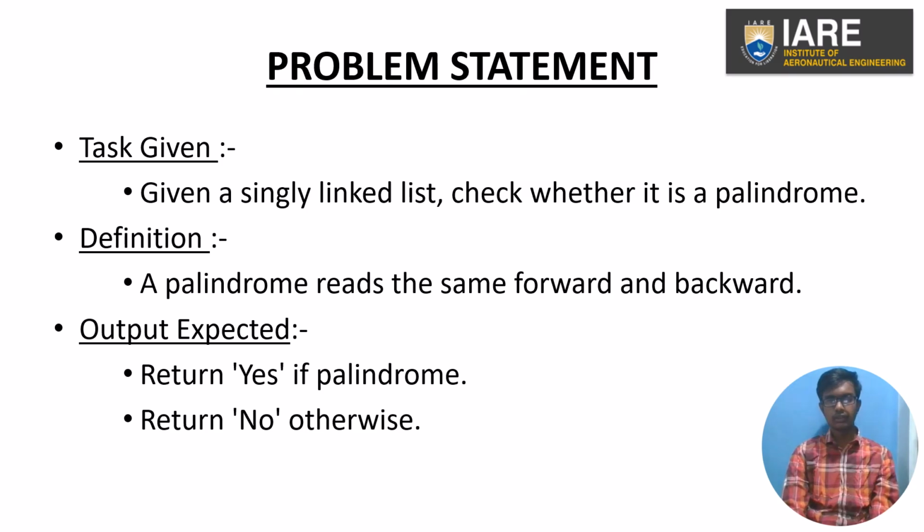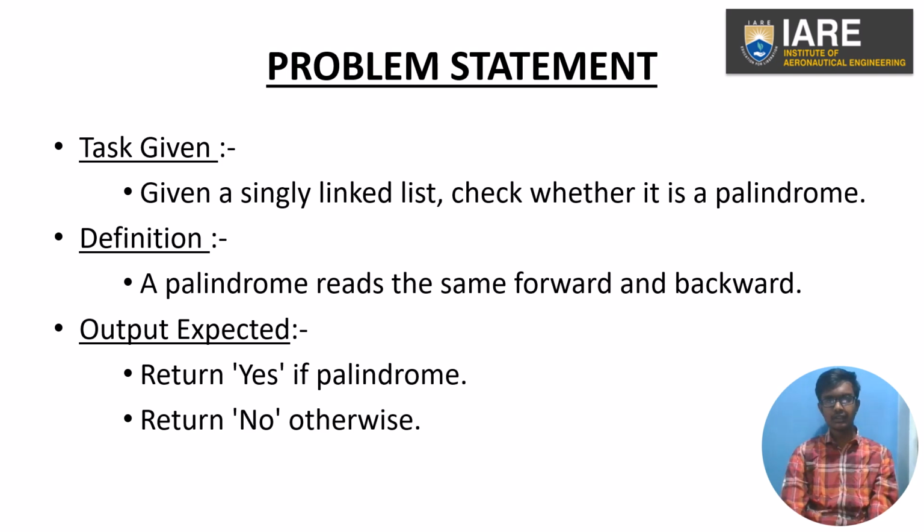Now let's go through the problem statement given. The task which is given to me is that, given a singly linked list, I have to check whether it is a palindrome or not. A palindrome, as we all know, is by definition any phrase which reads the same forward and backward both at a time.